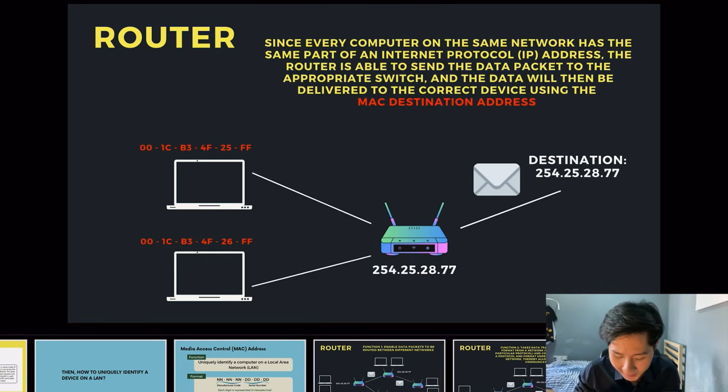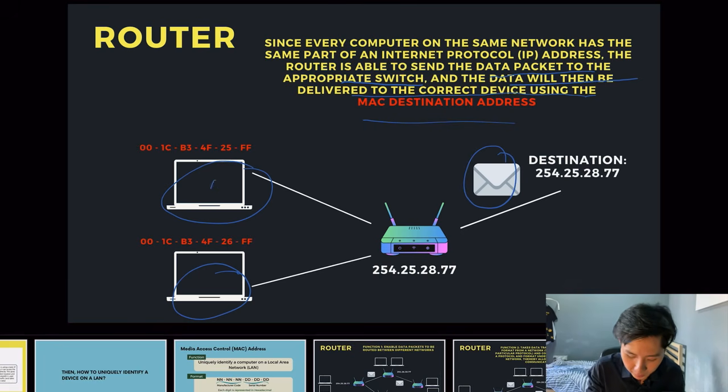And the third one is that since every computer on the same network has the same part of the internet address, the router is able to send data packets to the appropriate switch, and the data will be delivered to the correct device using the MAC address. That's how we identify whether this message should be sent to computer A or B. We use the MAC address.